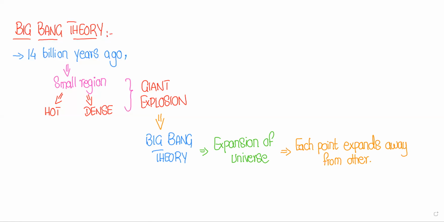And we already discussed redshift and blue shift. So how does it happen?